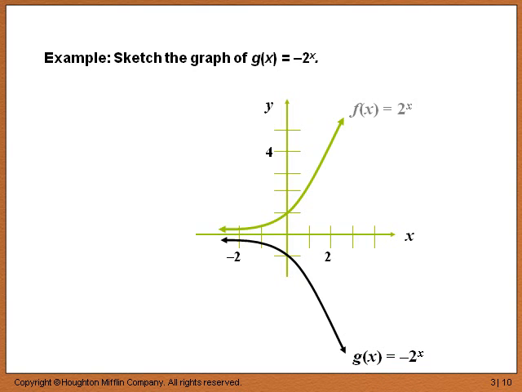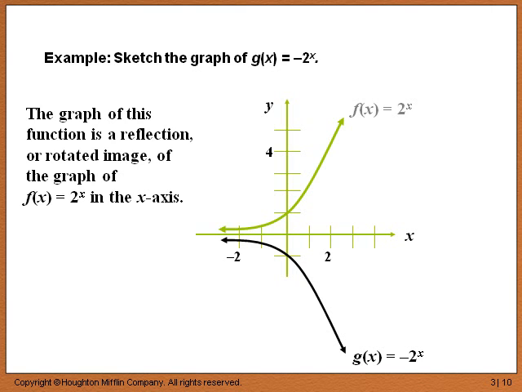Something that looks very similar to f of x, but this time it's been rotated 180 degrees around the x-axis. And this is called an x-axis reflection, or a reflection in the x-axis. The graph of this function is a reflection or rotated image of the graph of f of x equals 2 to the x in the x-axis.